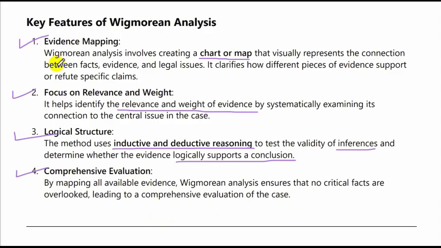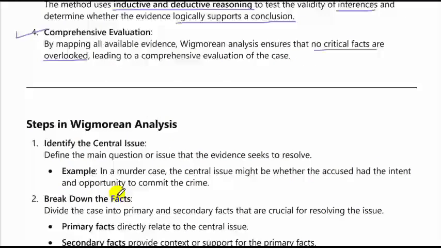So the key features are evidence mapping, focus on relevance and weight of the evidence, logical structure, that is inductive and deductive reasoning, and comprehensive evaluation so that no critical facts are overlooked.